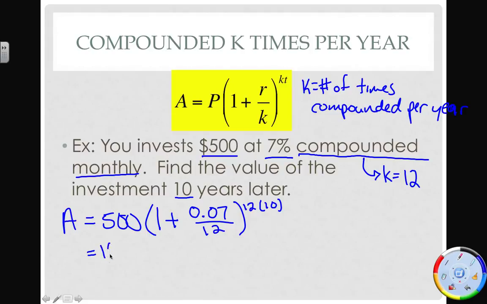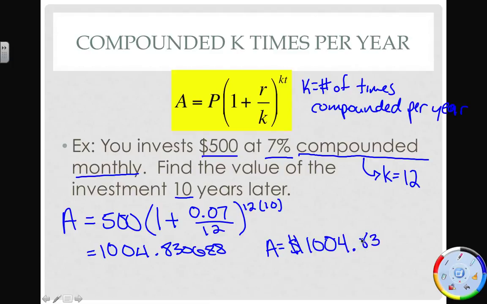Now you get 1,004.83. And again, real world, that doesn't make sense. So A here is going to equal, the amount in your account is $1,004.83.